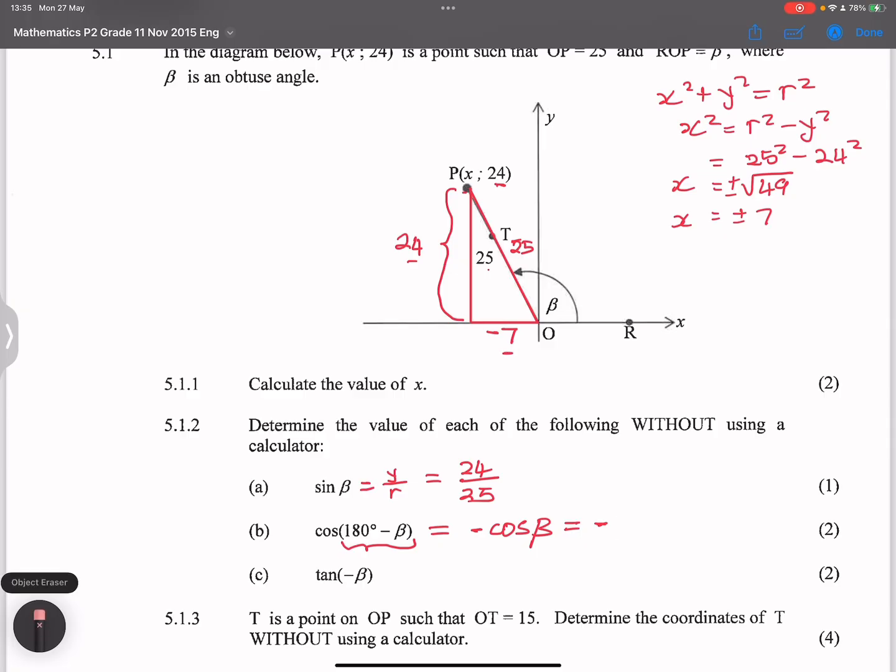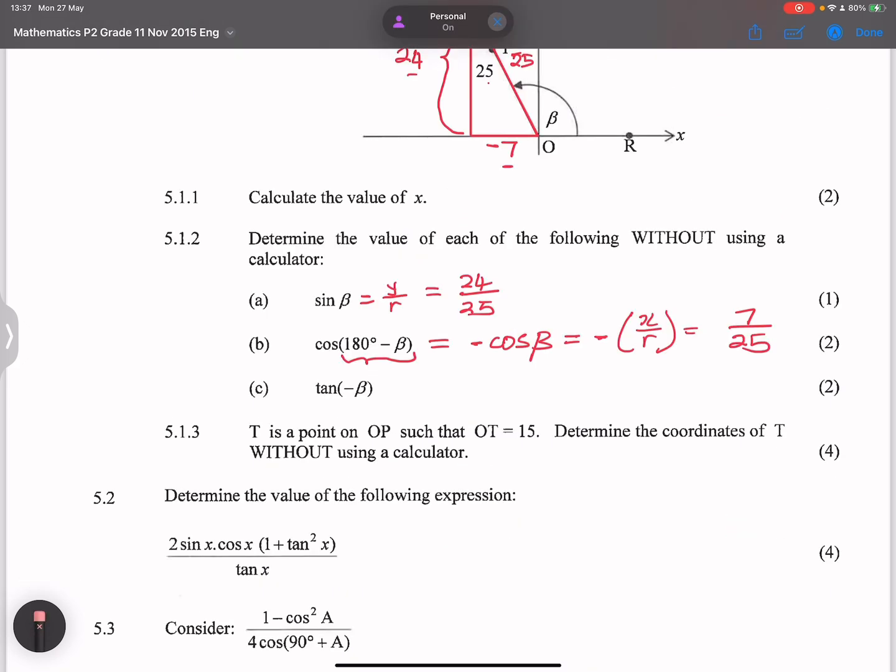So let's say minus x over r. So that's minus, remember that our x value is negative 7, over r, which is 25. So negative times negative is positive. So our answer is going to be positive 7 over 25.